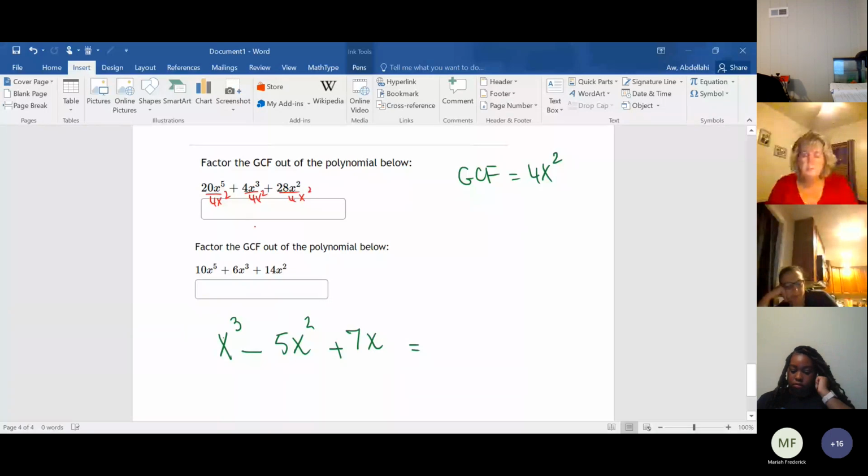We get 20x to the fifth divided by 4x squared is how much? 5x cubed. 4x cubed divided by 4x squared is how much? 1x to the 1 power, right? And then plus 7. 28x squared divided by 4x squared is 7.